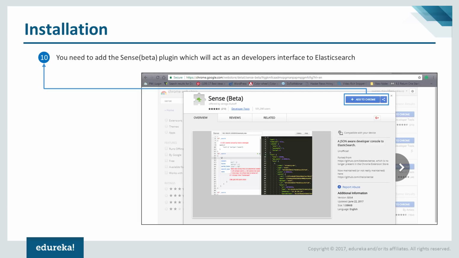But if the Elasticsearch is remote, what I will be doing in my case is, I have an Elasticsearch set up on my AWS cloud environment, and I will be accessing that Elasticsearch through the Kibana dashboard, and I will be accessing the same Sense tool through Kibana, because the latest version of Kibana nowadays supports Sense as well. So either way you can do.